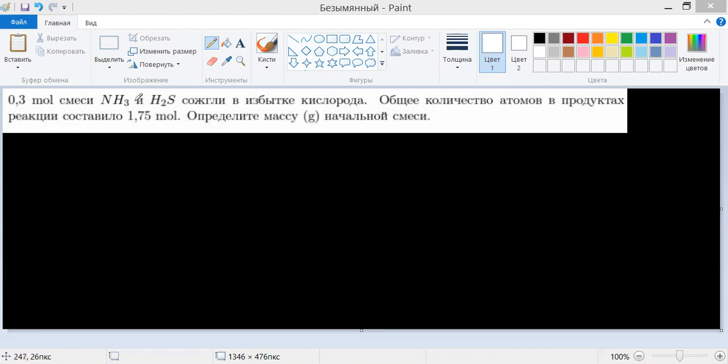So we've got two gaseous components of the mixture, ammonia and hydrogen sulfide. Well, we know its amount, which stands at 0.3 moles.